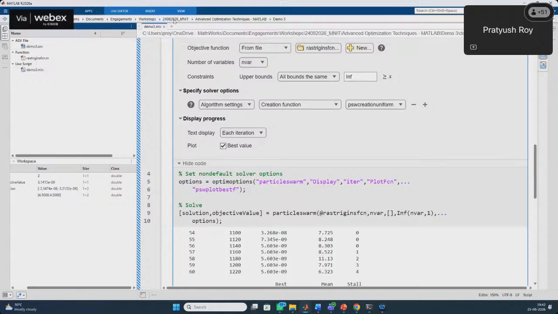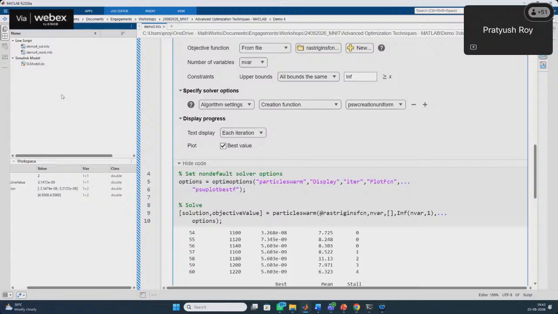Right. So what I'll do is, now we discussed how you can apply optimization routines for solving problems where you know the equation.